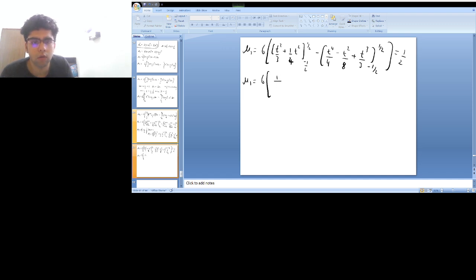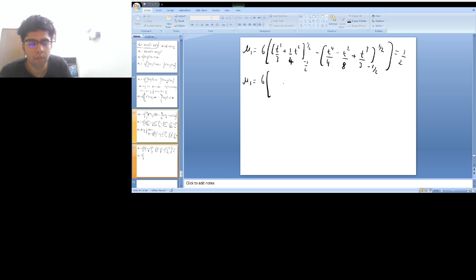Can I take out t cube common? Right, so t cube I can take out. So this gives me 12, and this becomes 7 upon 12 minus half to half. Wait, I can't take out t cube common. I have t square. So I need to solve this.